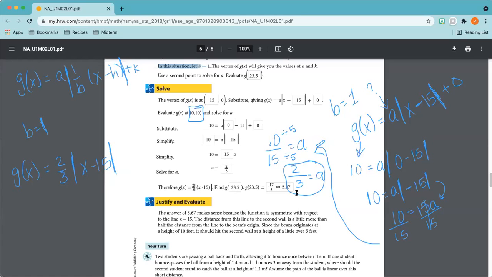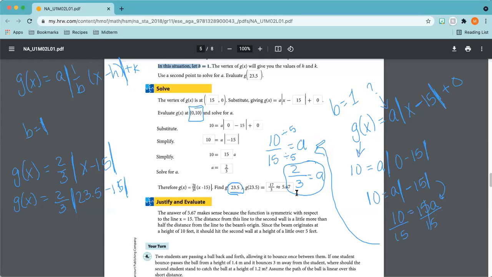My last step is to plug in that 23.5. Remember, my whole goal was to find out what that point is on the end. So now I just replace x with 23.5 minus 15. So 23.5 minus 15, I'll just do it in the calculator.